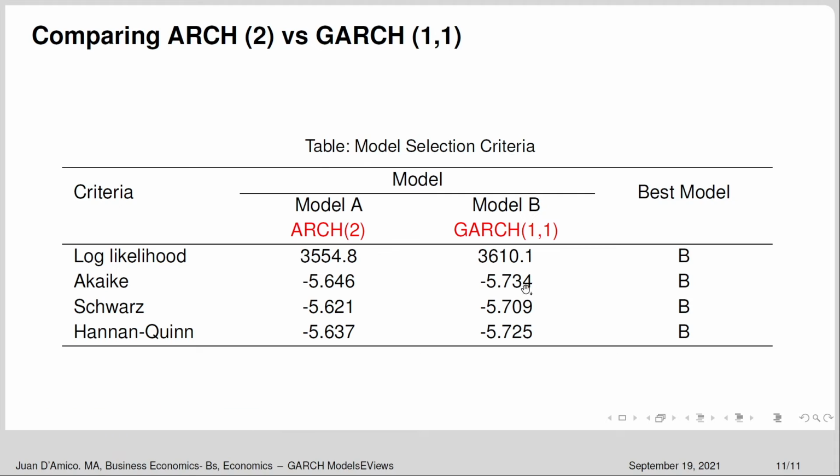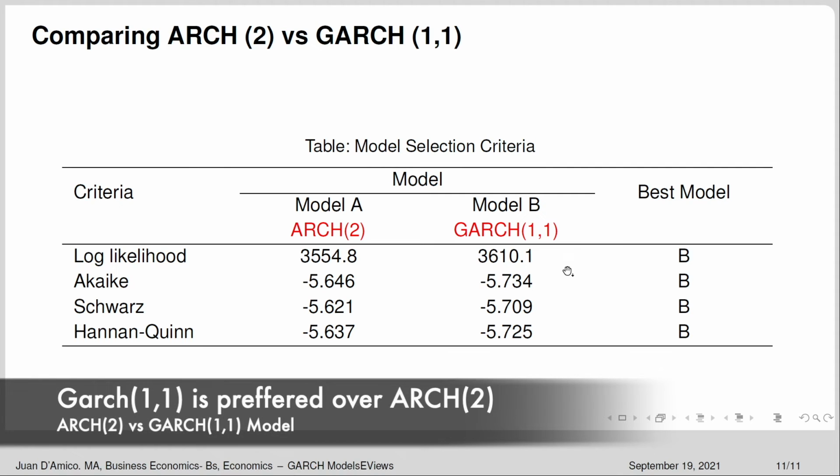So you can see that with this value, model B is going to be preferred over model A. Model B, looking at the Schwarz criterion, is going to be preferred over model A. And then looking at Hannan-Quinn, my model B is going to be preferred over model A. So we have determined then that my GARCH(1,1) model has better properties than the ARCH(2) model.